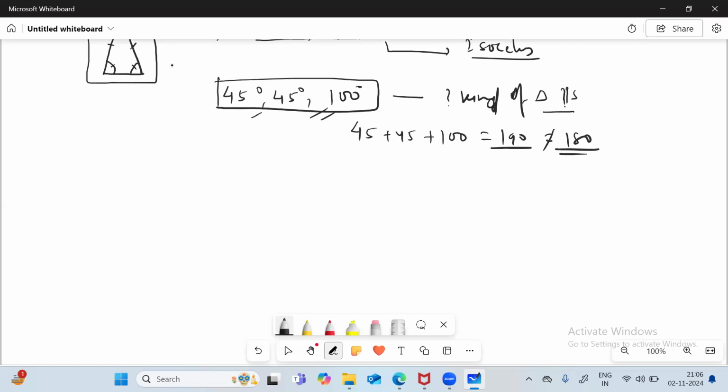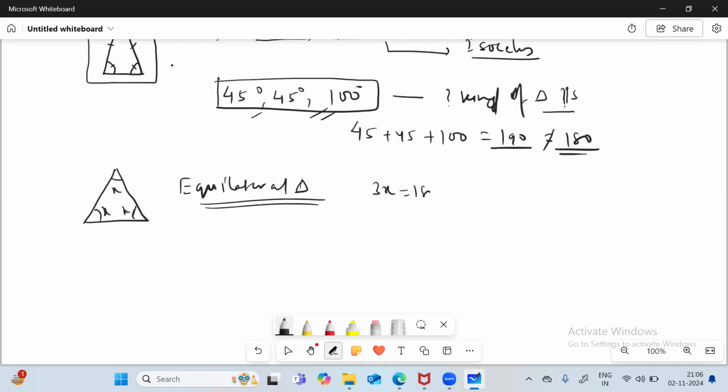And the third thing is that if all the sides are equal, all the angles are also equal. So this was the case of the equilateral triangle. And it can only exist if all the angles are equal, which means 3x is equal to 180, or x is equal to 60.